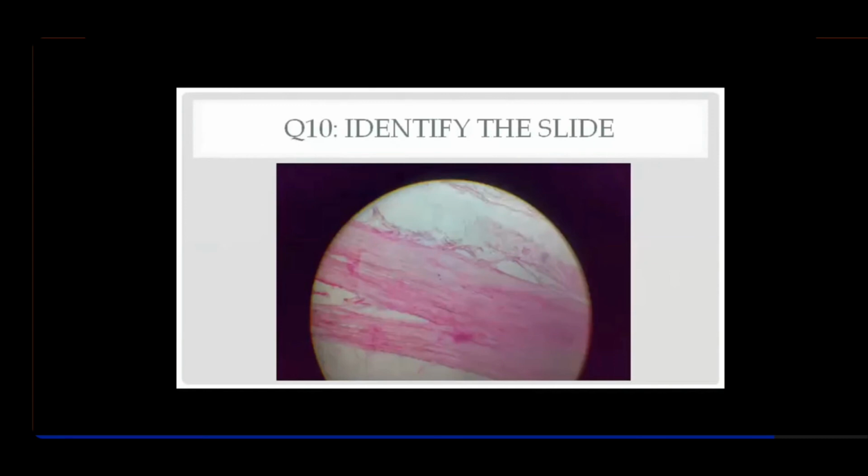So here you can very easily see that there are a lot of bundles of collagen fibers. At least you identified the fibers, that's correct. All these are collagen fibers, but you can see they are parallelly running fibers. So the examples of this one are regular dense fibrous connective tissue.